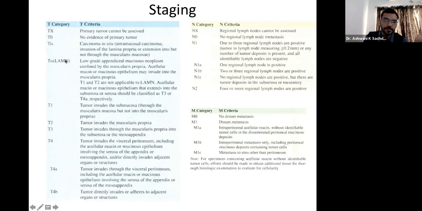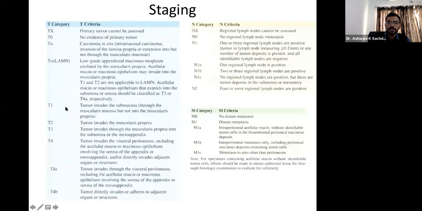For LAMN, there is another category created for low-grade mucinous neoplasm, and they are considered to be carcinoma in situ, but they invade into the muscularis propria. Okay, so they are not limited to the lamina propria or muscularis mucosa. They invade till the muscularis propria and still are considered carcinoma in situ. So T1, T2 is not applicable to LAMN.